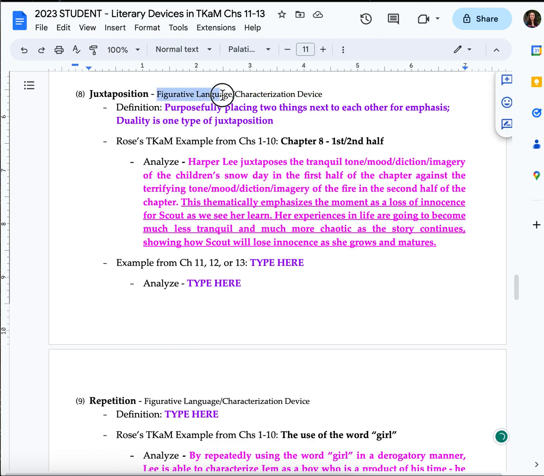Or are we showing mature characters next to immature characters? Or characters with different opinions on what it means to be courageous? Or characters who are at different stages of growing up and learning their experiences. Something like that.